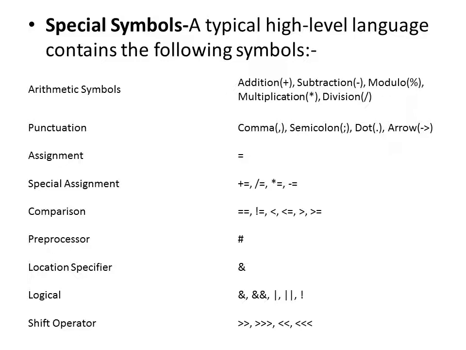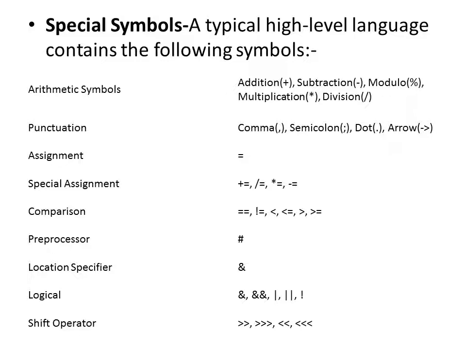And comparison symbols: double equal to, not equal to, less than or equal to, greater than and greater than or equal to. And preprocessor symbol, which is hash. And the location specifier, which is used to represent the address, is the ampersand symbol.